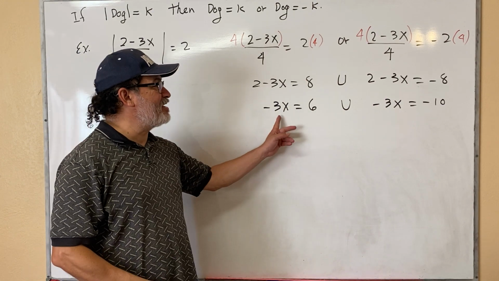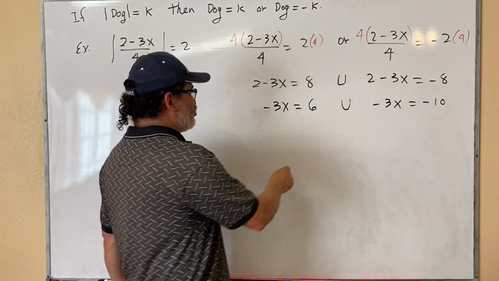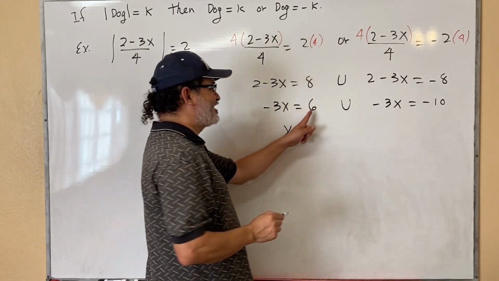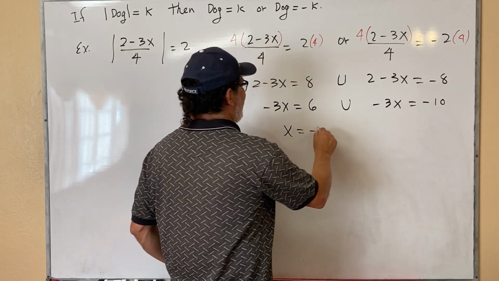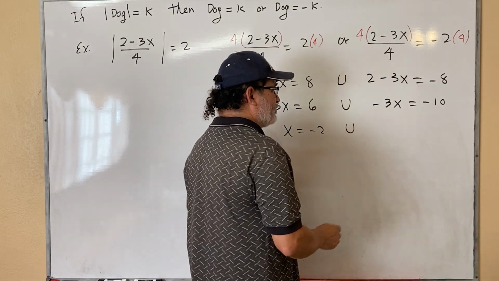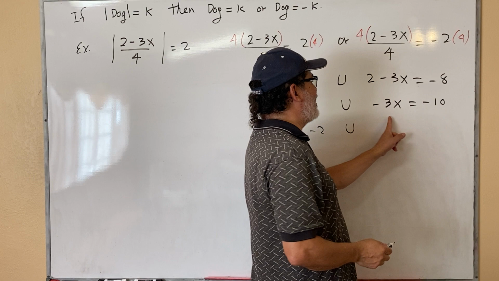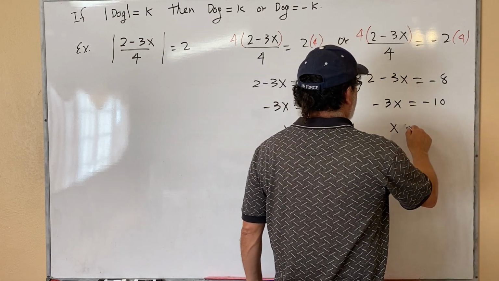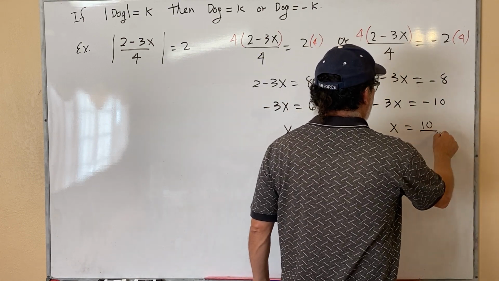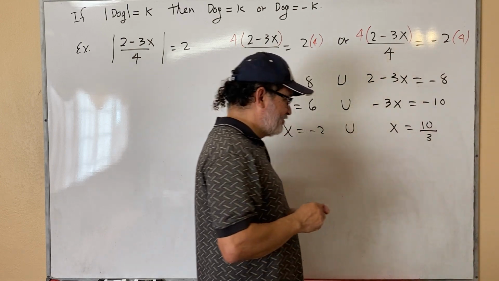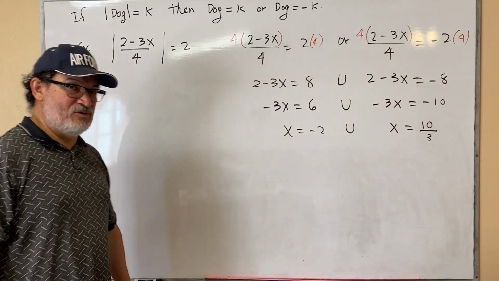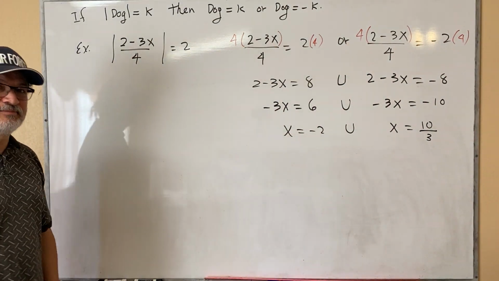Divide both sides by negative 3. So that x, what's 6 divided by negative 3? Negative 2. Or, what's a negative divided by negative? Positive. So that x equals 10 thirds. And that's the solution. We have two solutions.